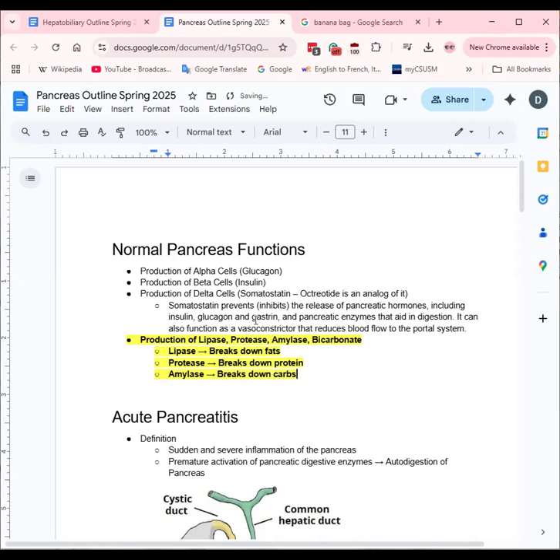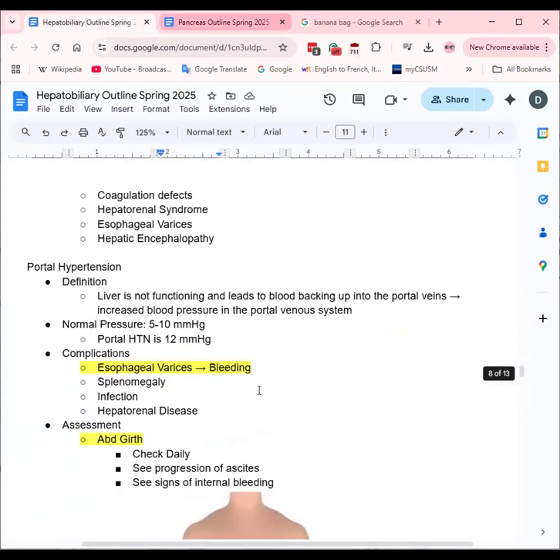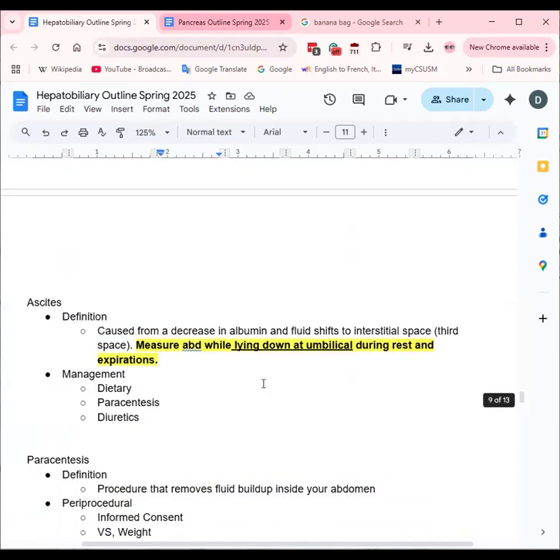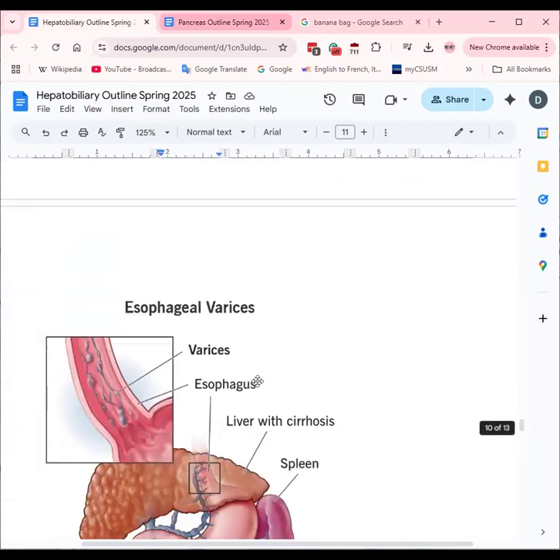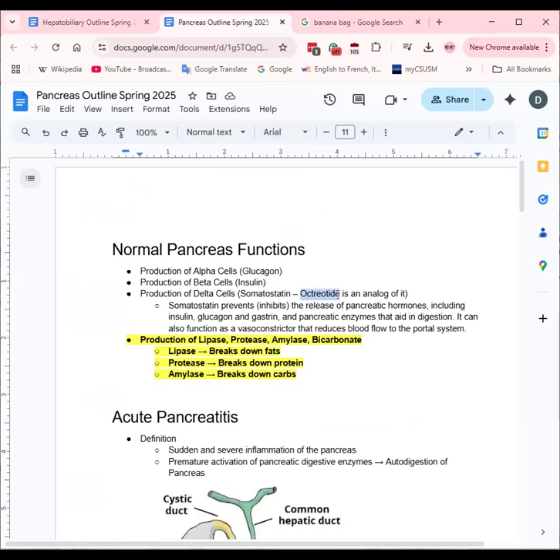The only other thing to see here is octreotide. If you recall, we talked about octreotide for esophageal varices. Octreotide can be used as a constrictor, and this is actually a natural hormone. Sandostatin is the synthetic version of it, but octreotide is a natural hormone that your body makes, or maybe it's somatostatin, and octreotide is the man-made one.